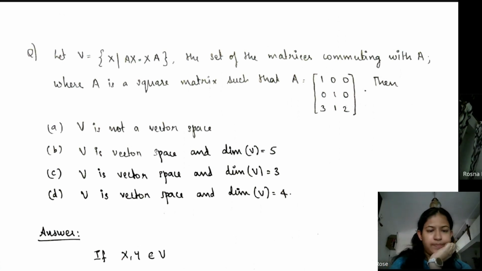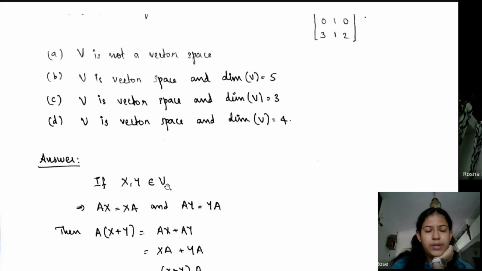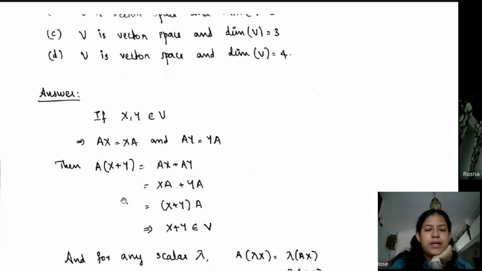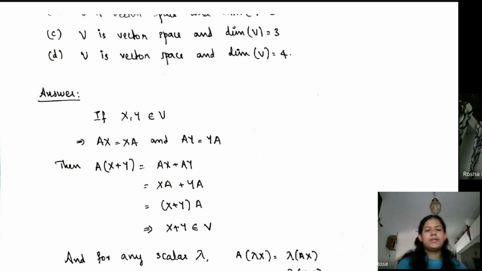Okay, let's see. First we have to check whether V is a vector space or not. For that, I take two elements x and y from V, and I know that if they belong to V, then they commute with A. So AX equals XA, and AY equals YA. I'm checking closure under addition and scalar multiplication in two different steps.